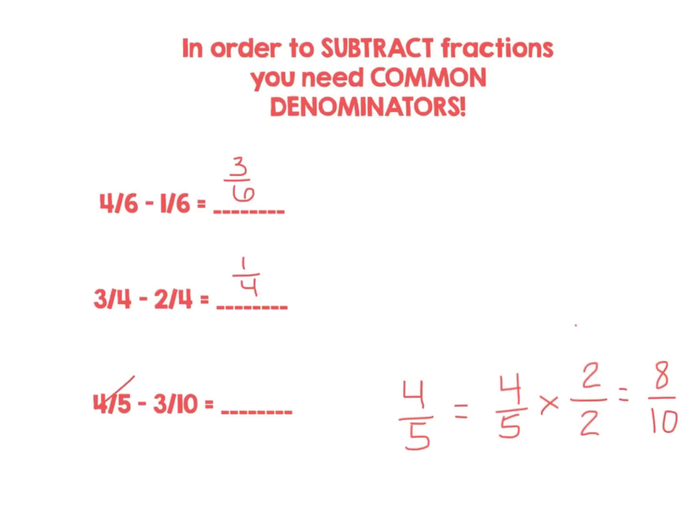So let's say 8/10 minus 3/10 equals something. 8/10 minus 3/10 equals 5/10. And you can simplify your answer and say that 5/10 is really the same as 1/2. But I would accept the answer 5/10.